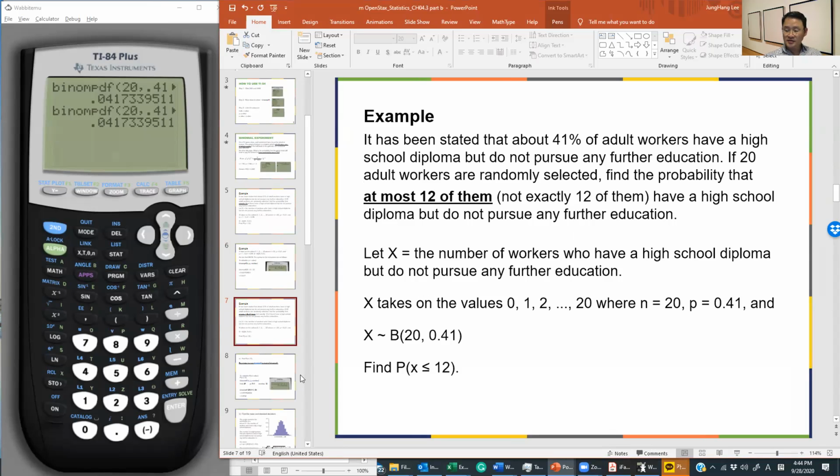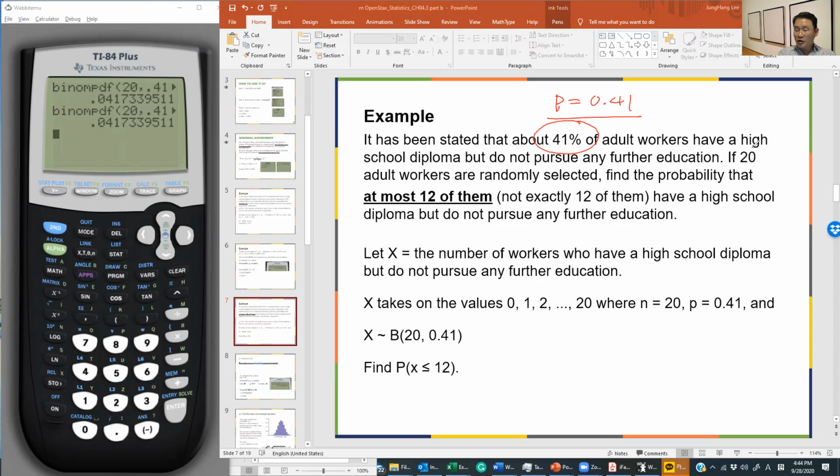Now, this is a similar but slightly different case. It's the same adult worker case, but as you can see, it's the same 41% that have a high school diploma but don't want to do any further study. So P is the same, 0.41.